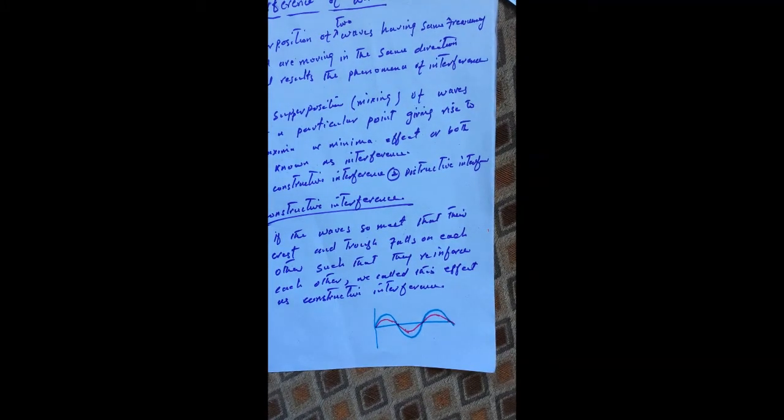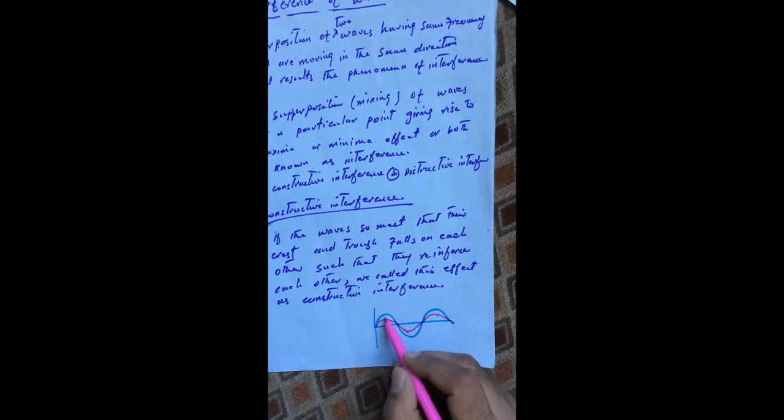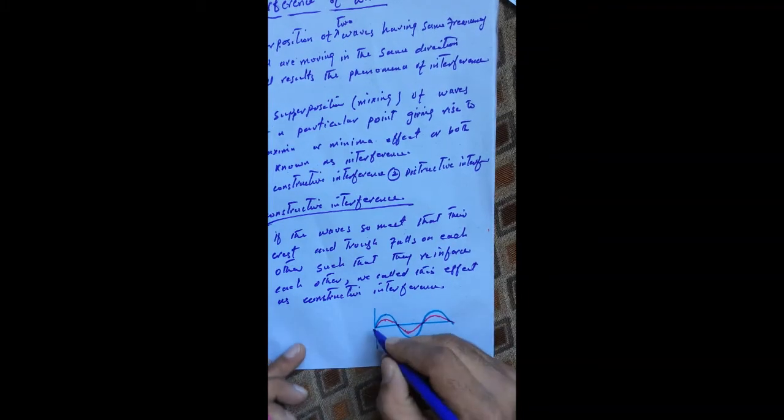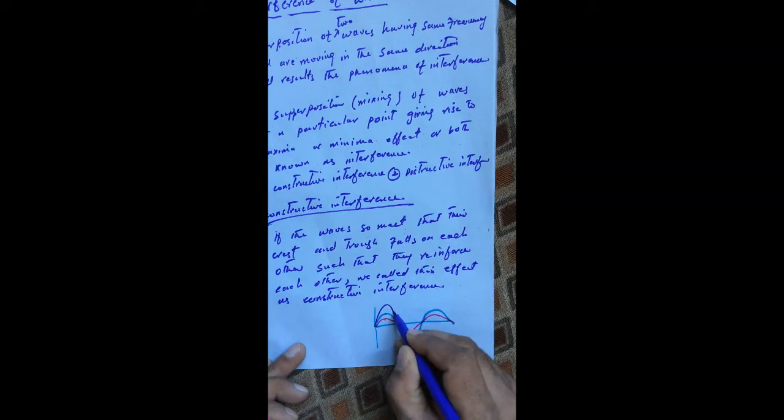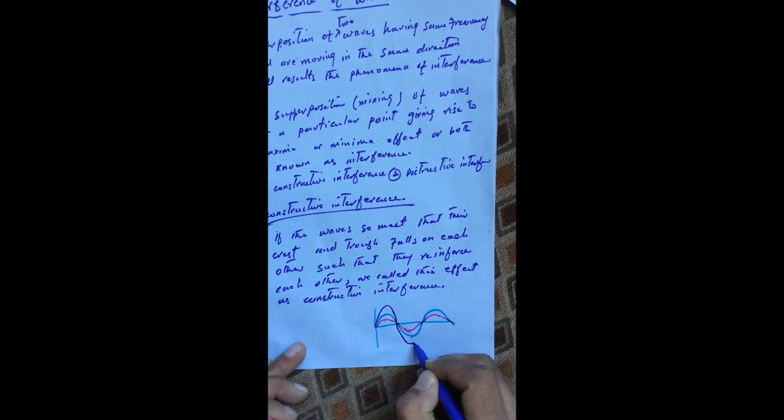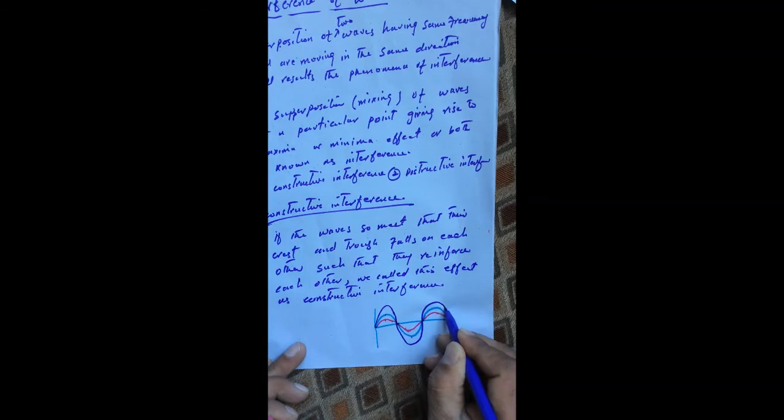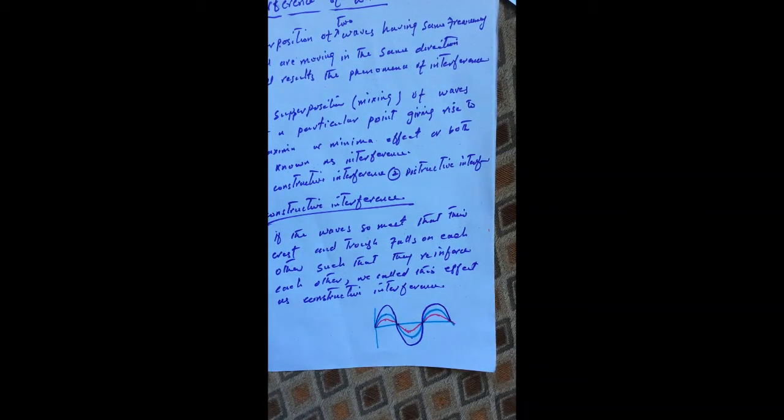These are the two waves, such that the crests of both waves or the troughs of both waves fall on each other. Here the crest of this wave falls on the crest of this wave, and similarly the trough of this wave falls on the trough of this wave. These two waves reinforce each other, or enhance the effect of each other, and the resultant wave is given like this. This is the resultant wave.